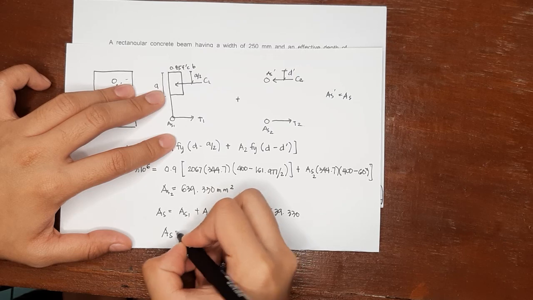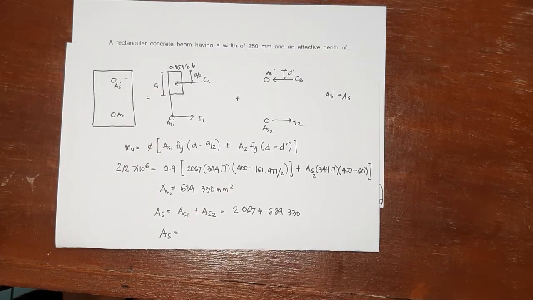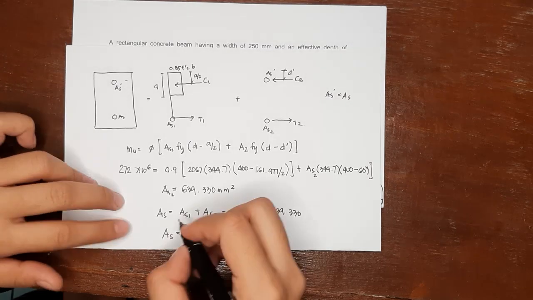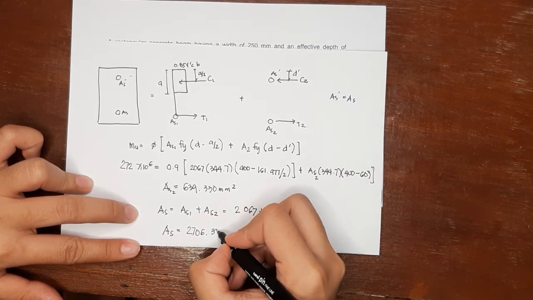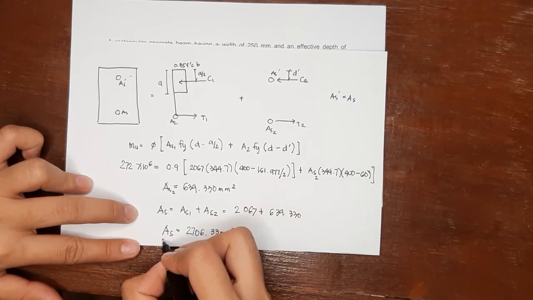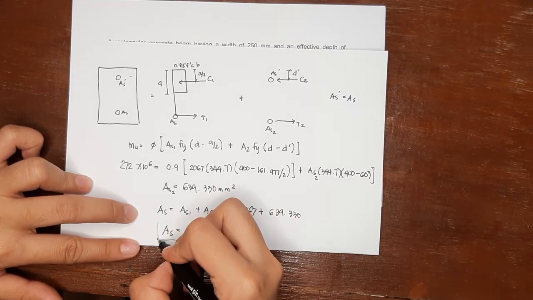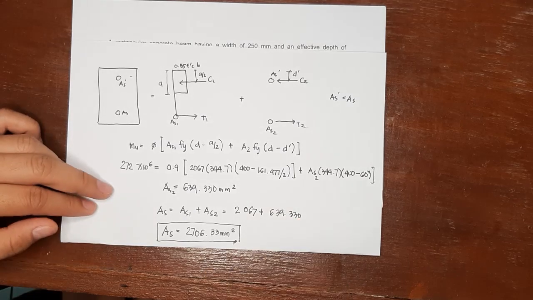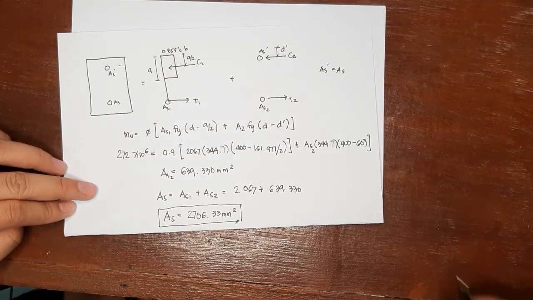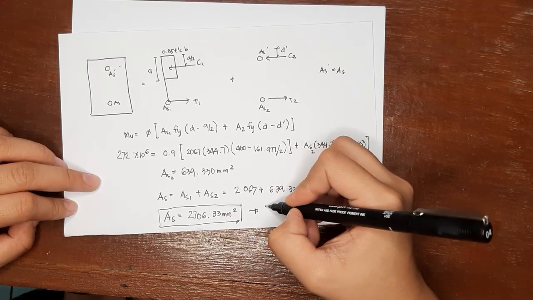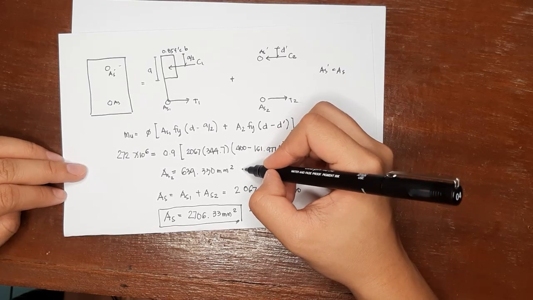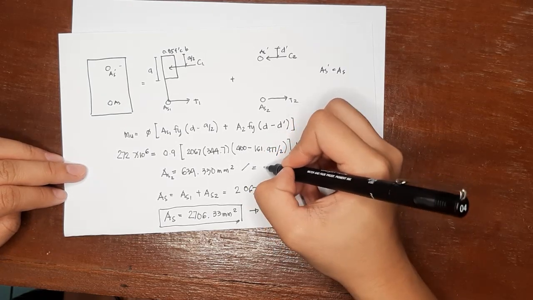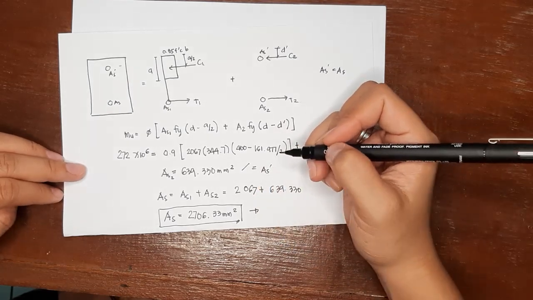Therefore, your AS is equal to 2,706.33 square millimeter. So this is your tension steel area. Okay. If you are asked how many, we will just divide this by the single area of one diameter. You can also determine how many number of compression bar by using this one, because this is also equal to your AS prime. Okay.